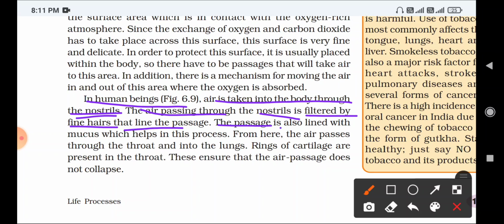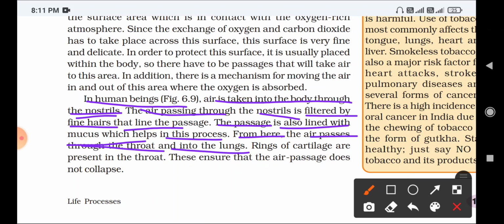The passage is also lined with mucus, which helps in the process. The mucus in the nostrils also helps in the filtration of air. From here, the air passes through the throat and into the lungs.